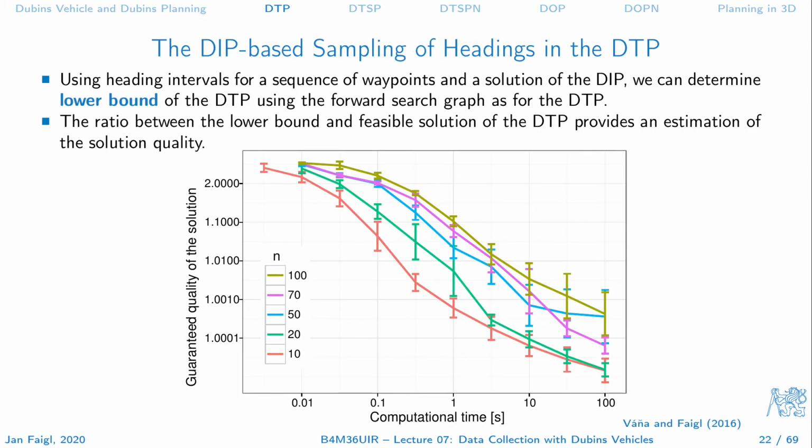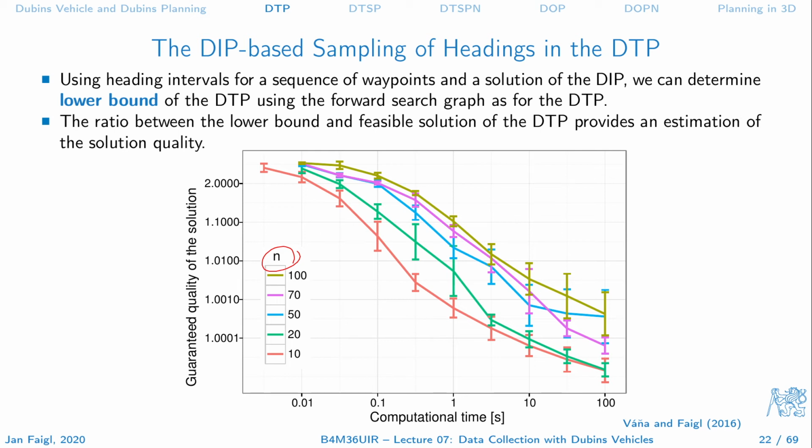And if we take a look at what we are able to achieve if we increase the computational time and the number of locations, we can imagine that we have this iterative refinement of the resolution, or the number of samples.